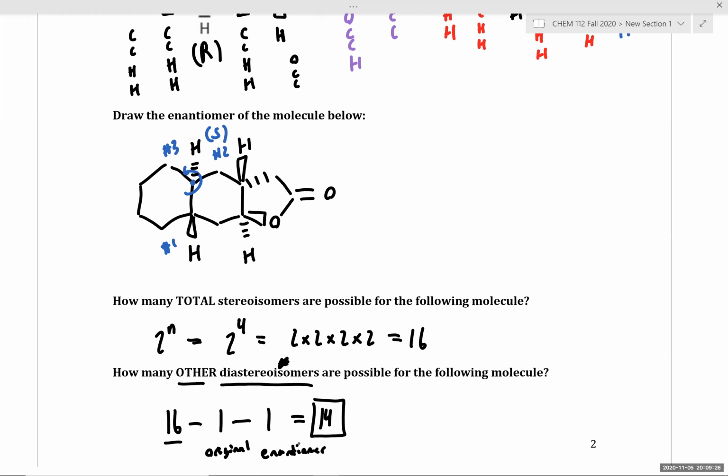Does that make sense? In other words, it's 2 to the n minus 2 for the diastereoisomers in most cases. That's, of course, assuming that there are no meso compounds. And since this compound's not symmetrical, there aren't any meso compounds to worry about. Does that make sense?